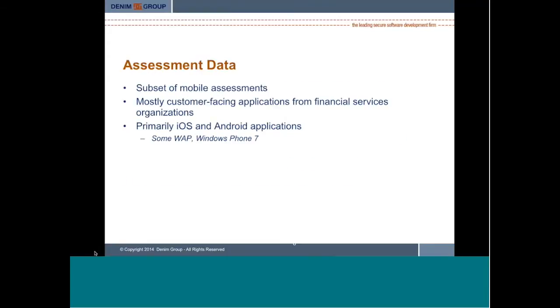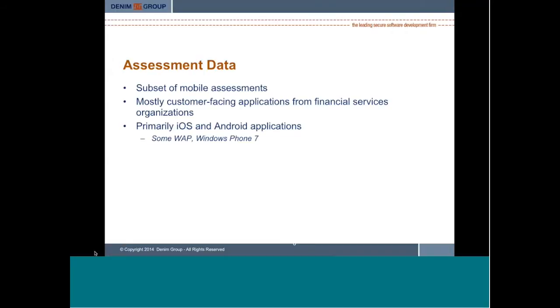And again, this assessment data, just to characterize it, comes from a subset of assessments that we've done. Because we're looking at the prevalence of vulnerabilities in different classes in different parts of the system, we had to be testing all those parts of the system for a particular assessment, because we wanted to characterize the data according to how the vulnerabilities were discovered: static versus dynamic, automated versus manual.